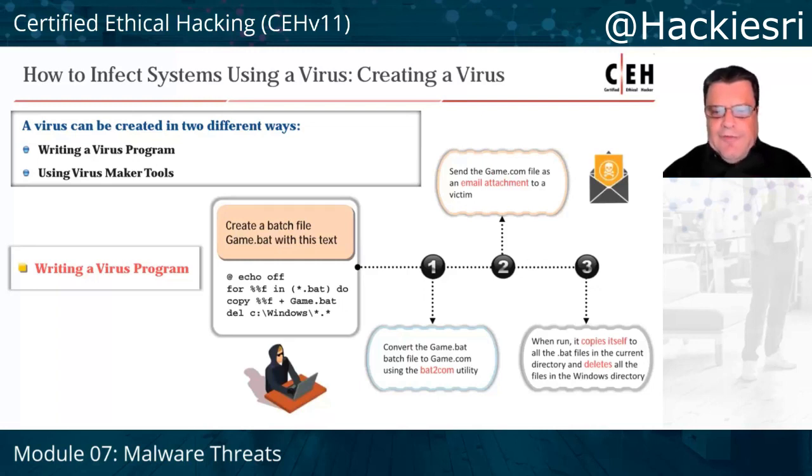Next, you convert that game.bat batch file to a game.com using a .bat to .com utility. Next, you send that game.com file as an email attachment to a victim. And finally, when run, it copies itself to all the .bat files in the current directory and deletes all the files in the Windows directory, thereby causing enormous damage in some cases.